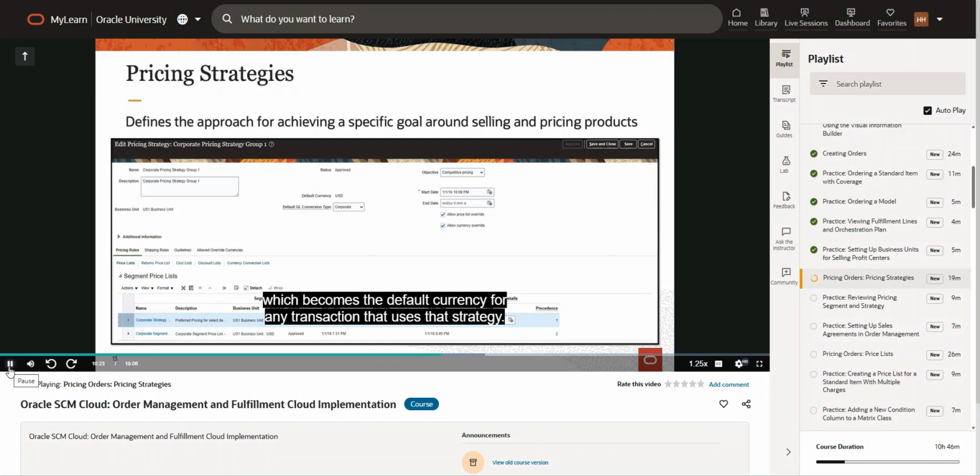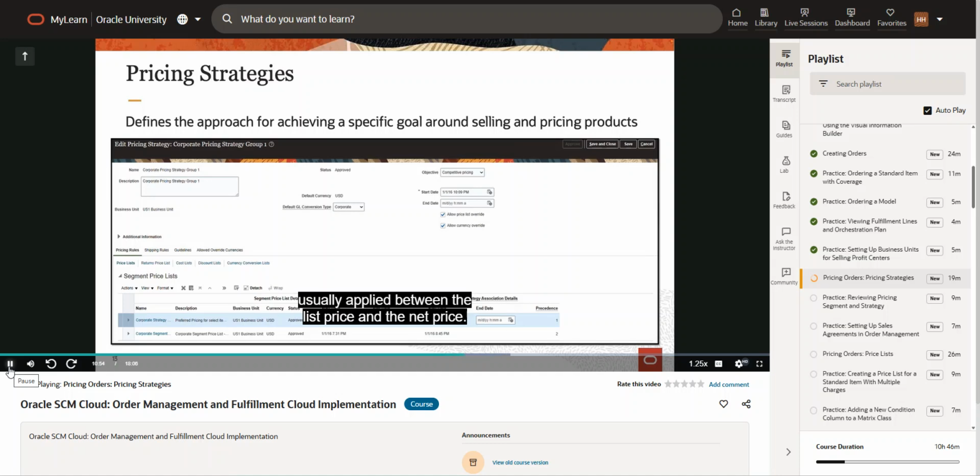Some key options and associations you can set up include the following. Allow currency override. This lets you change the currency on the order if needed. Price list. You can use this to link various types of price lists here, such as segment price list, ceiling and floor price list, and GSA price list. Discount list. These cover several tiered or attribute-based discounts between the list price and the net price. Cost list.